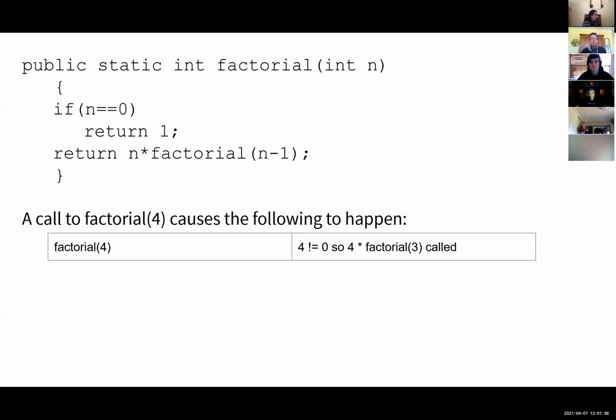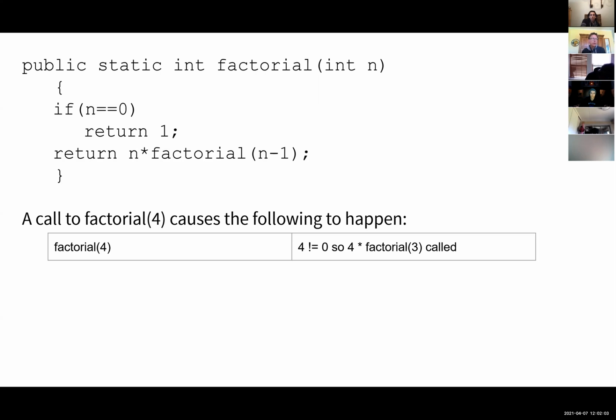So here's that same function, and I'm just going to walk you through what happens. So if you call factorial 4, in case you're not familiar with it, factorial of a number is that number times all the integers under it down to 1.